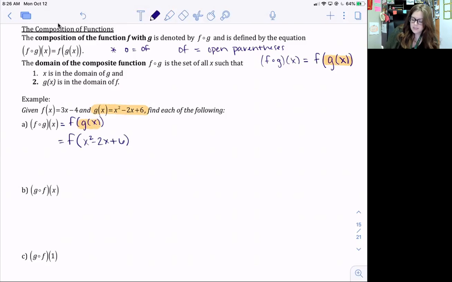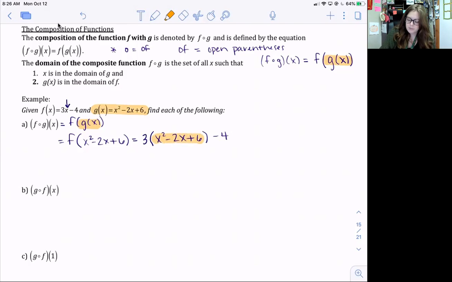And now we're going to take this expression and literally plug it in for the x value in f. So we have 3 times the quantity x squared minus 2x plus 6, minus 4. Okay, and notice that x squared minus 2x plus 6, that's what we plugged in.